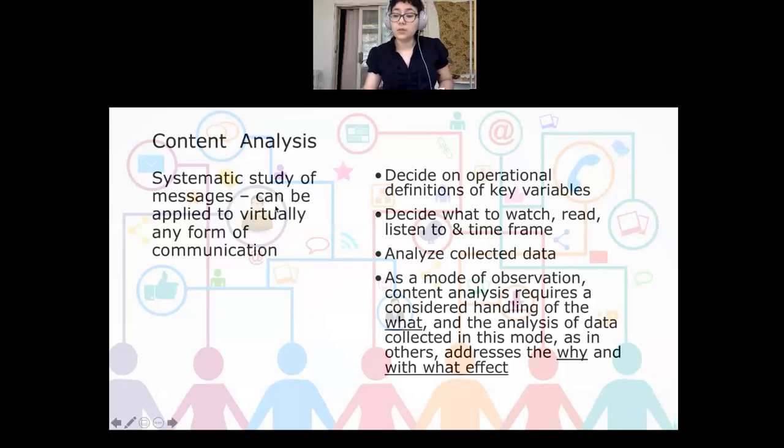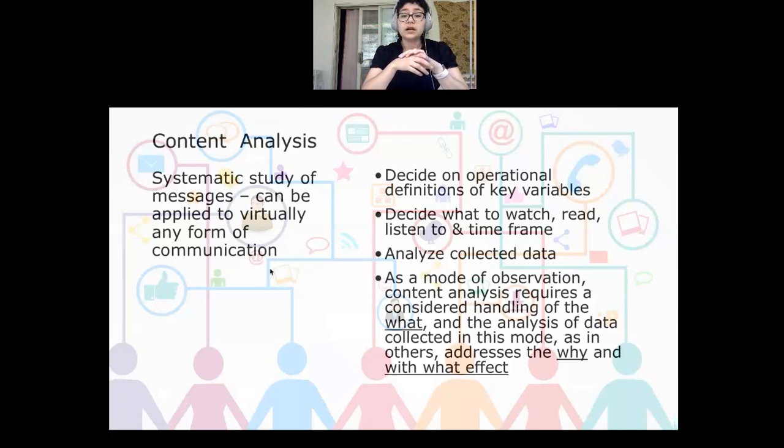You really need to think about what you're looking at. I think it's harder to make generalizations, and you need to think about sampling in the particular space that you're looking at and how you're getting this particular information. It could be more archival and historical narratives that you're looking at, which might have particular issues, or it could be more social media platforms, more modern forms of content analysis.